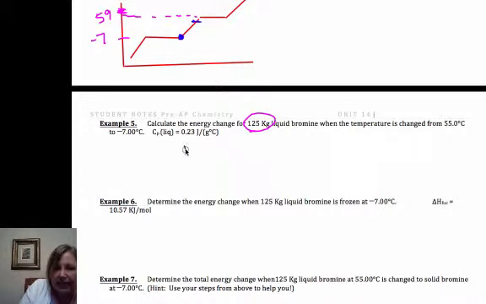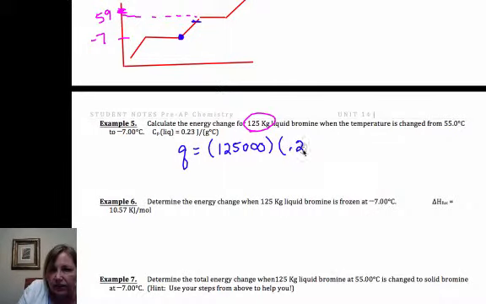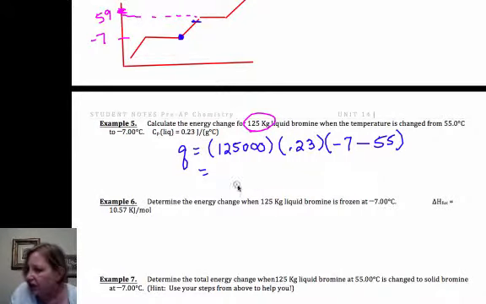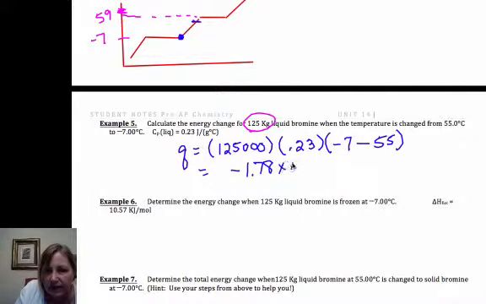It's an MCAT. So Q is equal to, we got to get that in grams, 125,000. We're given the heat capacity of the liquid is 0.23. Our temperature is -7, final minus initial, 55. And our answer to this one is minus 1.78 times 10 to the 6th joules.